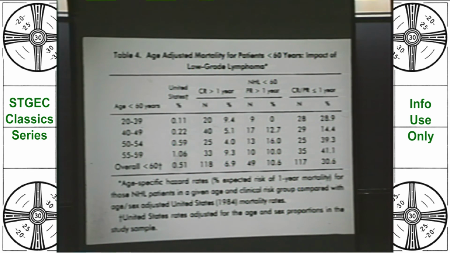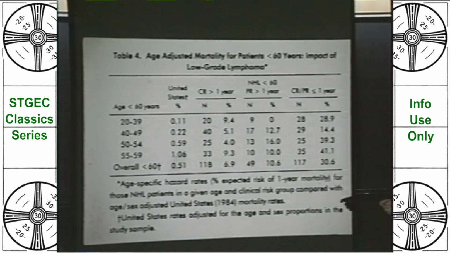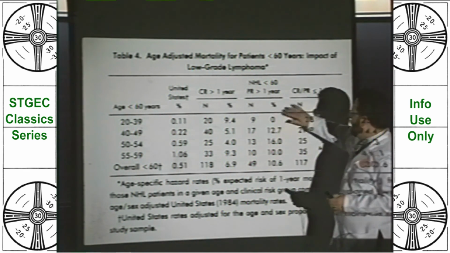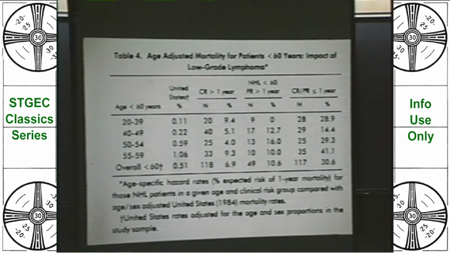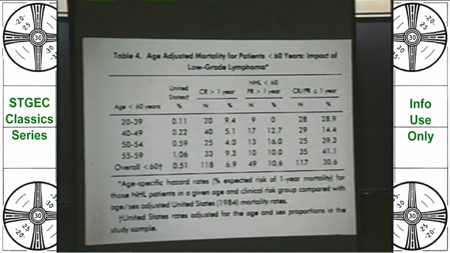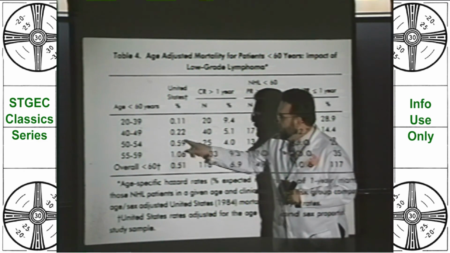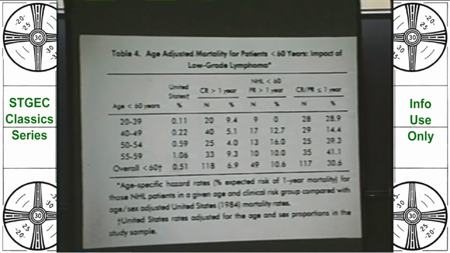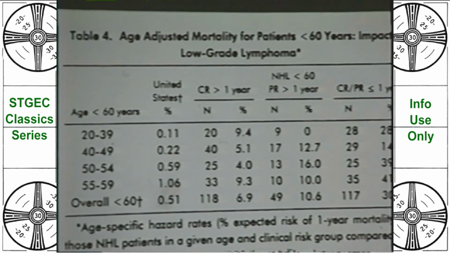And just to illustrate how bad this low-grade lymphoma business could be, look at the age-adjusted mortality for patients. All these percentages mean your expected percentage risk of 1 year mortality. So in the general population, if you're 50 to 54, your chances of dying in the next year are 0.6%, pretty low, okay?